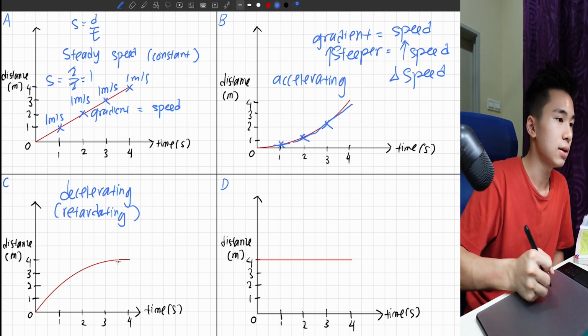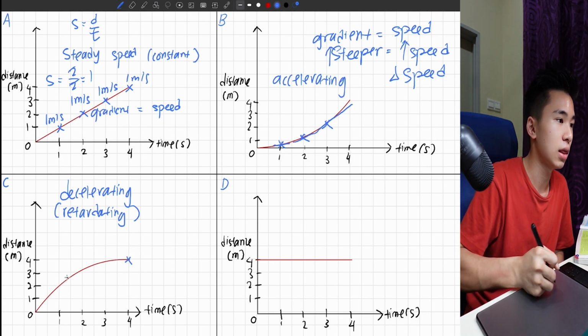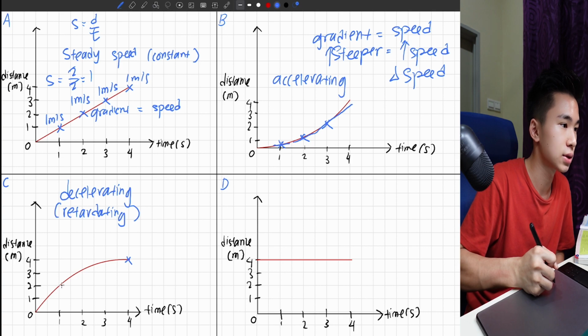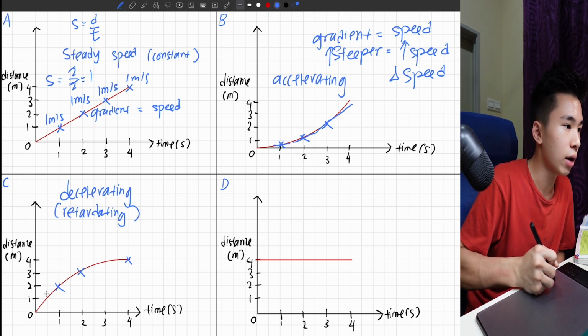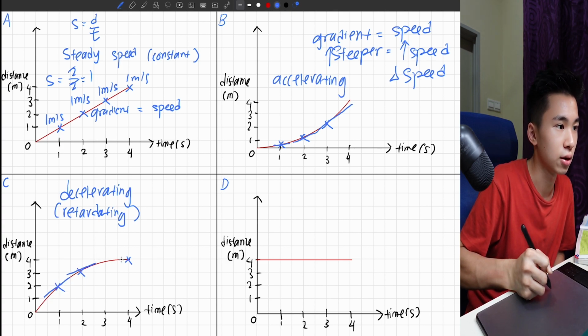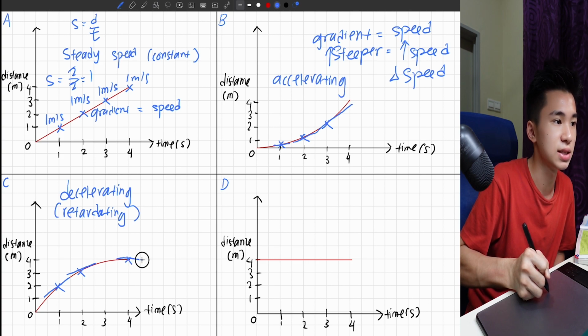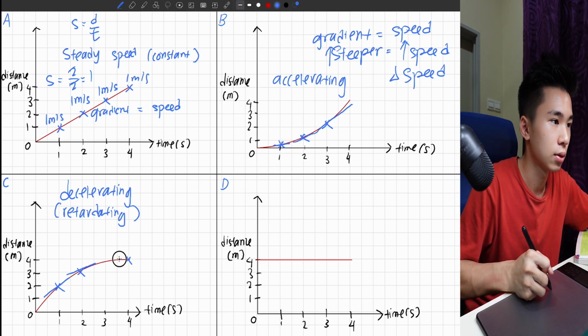So let's plot it first, and we can see the whole story of this graph. I will plot it. Right now I'm going to draw a line, which is the tangent, which is the gradient. Tangent is gradient at the same time.